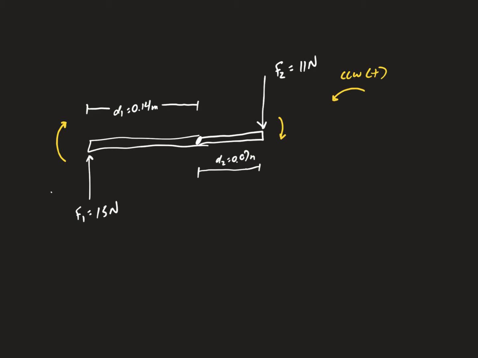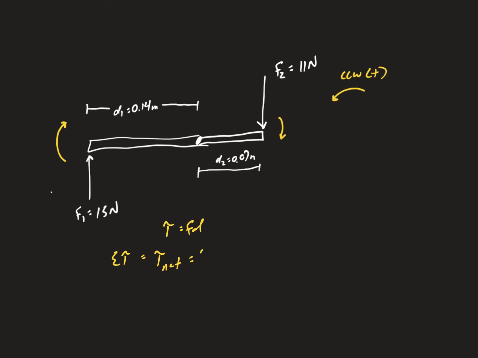So when we start analyzing this, we start using our torque formula. So we have torque equals force times distance. And so there's a net torque. We can say it like this, the net torque, or you could say the net torque like this. Either way, it's kind of saying the same thing.